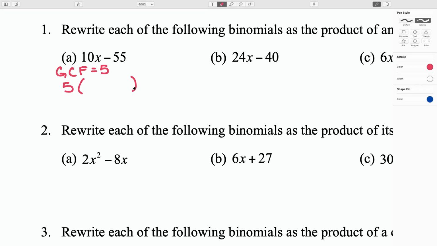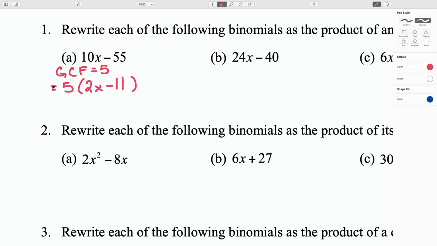So now you think, what do I need to multiply 5 by in order to get 10x minus 55? Well, 5 times 2x is 10x. And to get a minus 55, I must have multiplied 5 by minus 11, because 5 times negative 11 is negative 55.